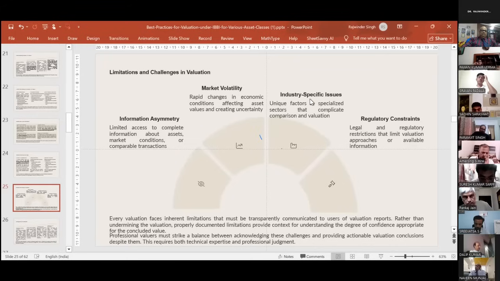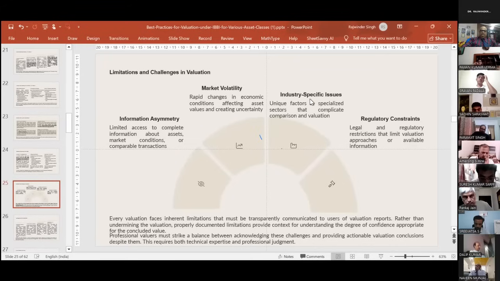So, limitations and challenges in valuation. Whatever asset class you are valuing, you have certain limitations and challenges while doing valuation. First thing, as far as the Indian context is concerned, is information asymmetry.